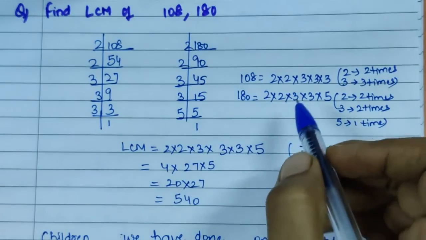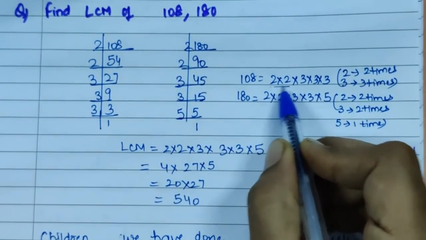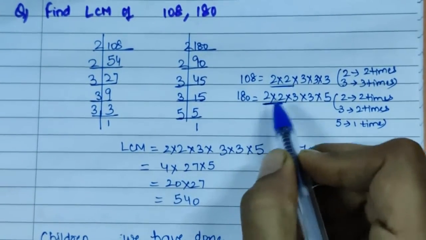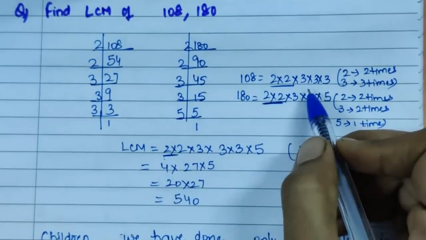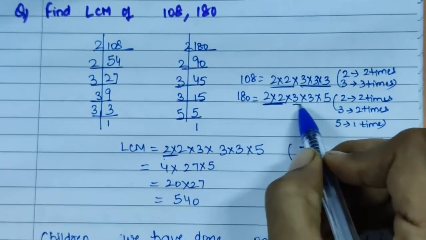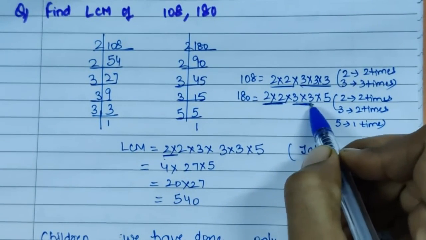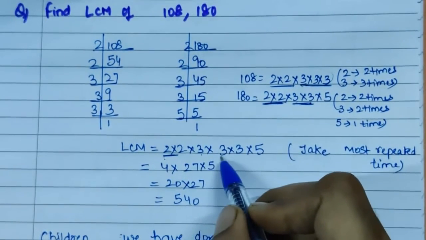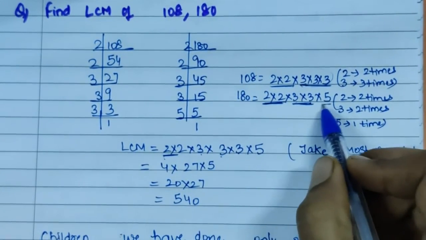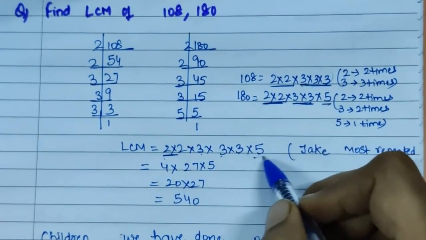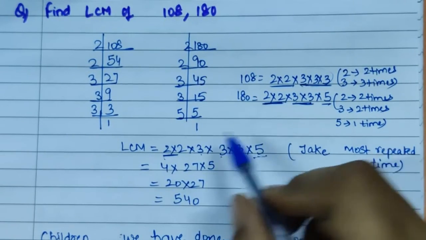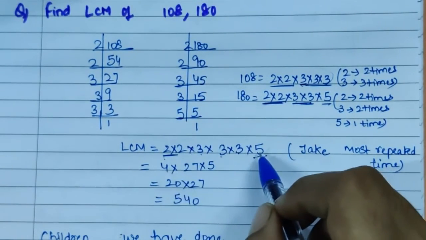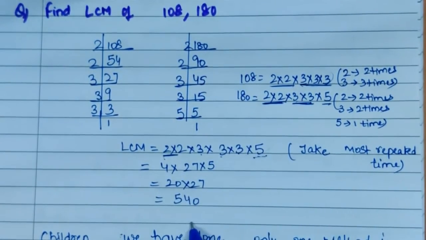So now see very carefully. 2 is coming 2 times, take it 2 times. 3 is coming 3 times here, and here it is coming 2 times, but we have to take the maximum, so we will take it 3 times. Then 5 is only coming 1 time, so take it 1 time only. So on multiplying these numbers we get 540.